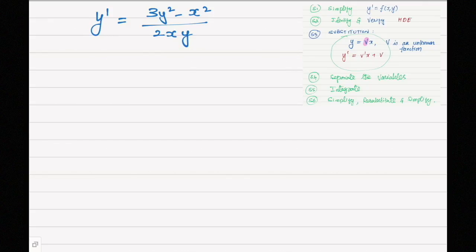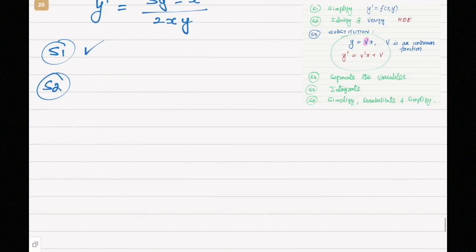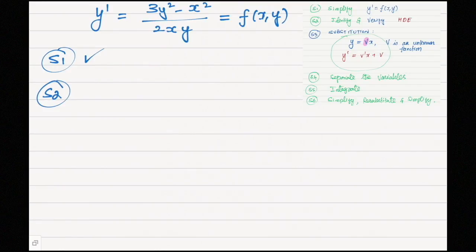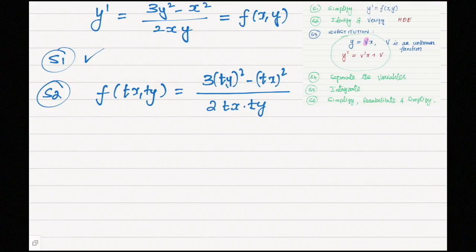Alright, so step 1, as I said, it's already in that form, so it's a check. Then step 2: it's a homogeneous differential equation. You can verify. Here is my f of x comma y. If I replace x and y by tx and ty, and simplify further, I am going to have 3 times t squared y squared minus t squared x squared divided by 2 times t squared xy.